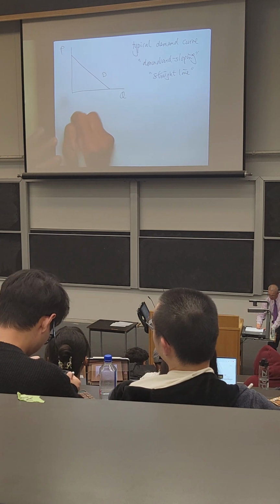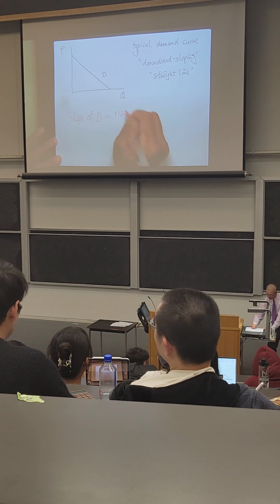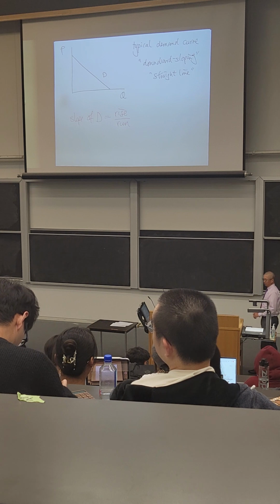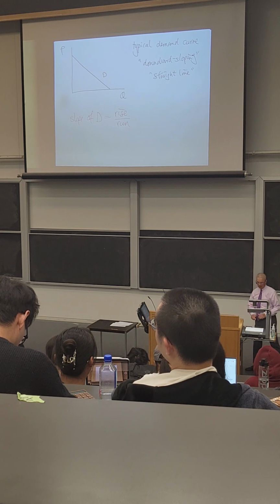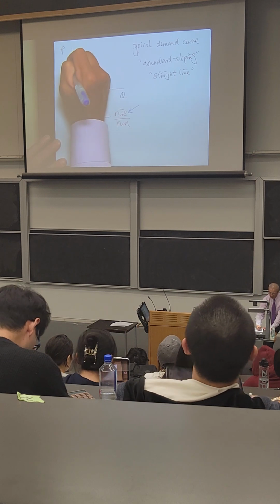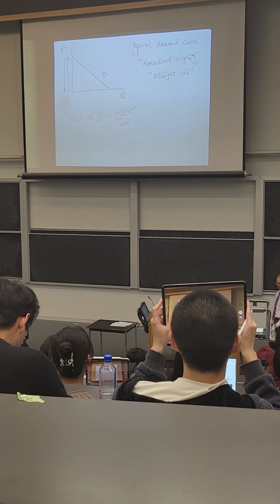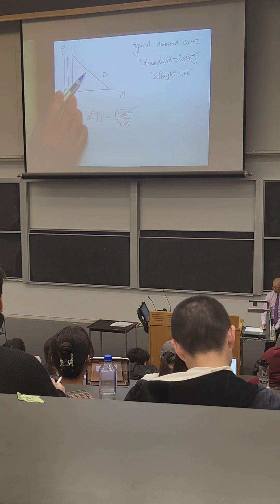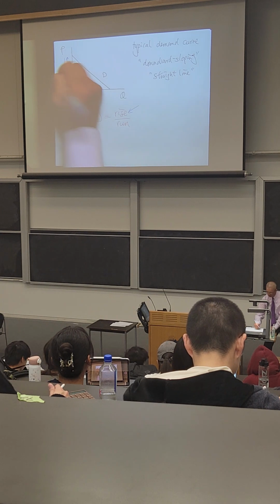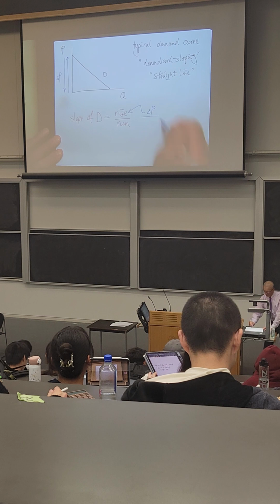The slope of the demand curve is rise over run, as we all learned in high school. Rise means up or down along the vertical axis. The value on the demand curve, up or down along the vertical axis, that is the change in P. So this is the change in P, the rise.